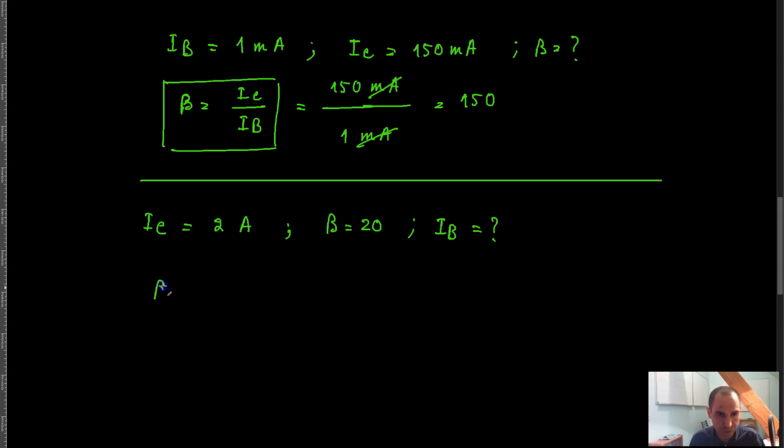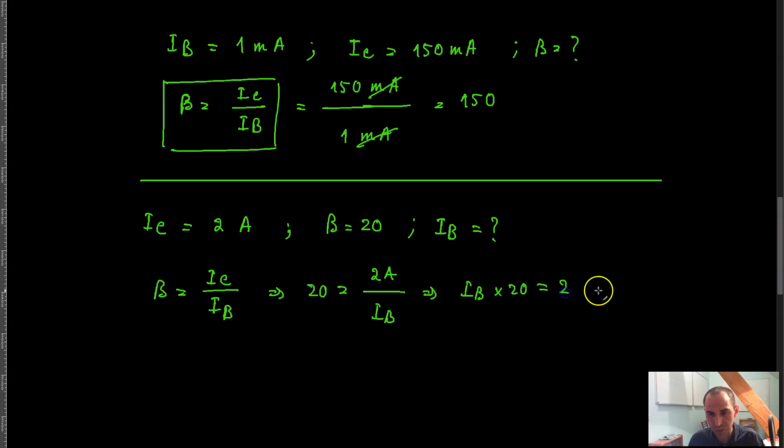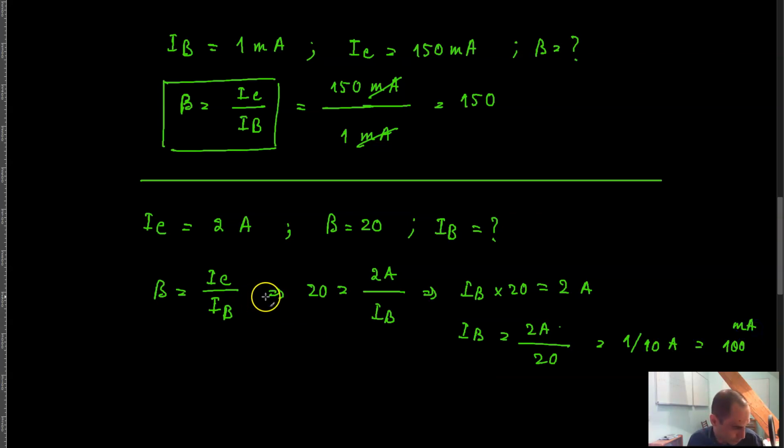So 20 is equal to I of C, which is 2 amps, over I of B, which means I of B times 20 is equal to 2 amps, so I of B is equal to 2 amps divided by 20, which is 1/10 amps, which is equal to 100 milliamps.